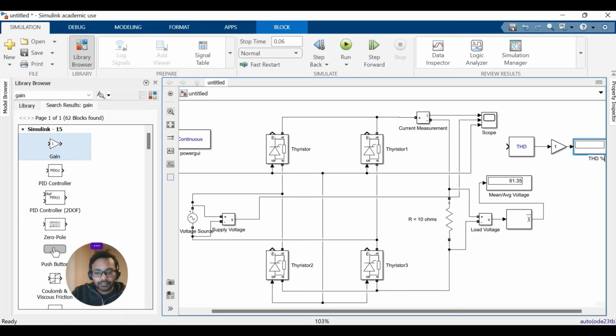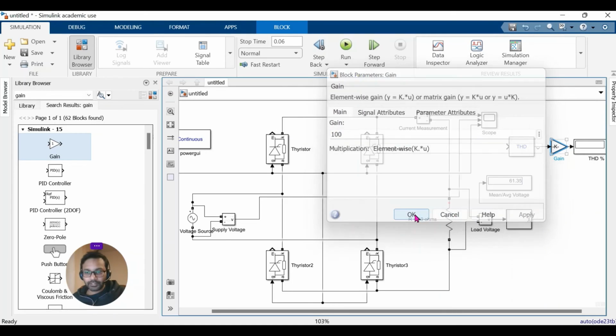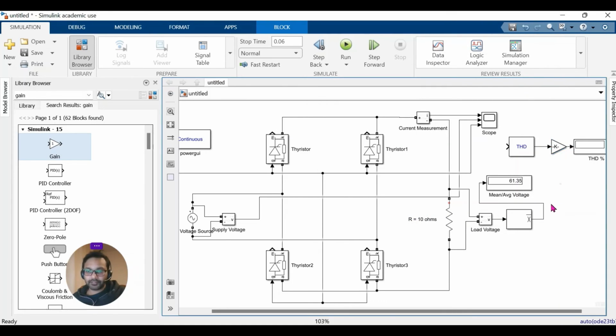Now I just need to check if I have changed. Okay, so you have to change the gain to 100, to calculate the percentage. And where is my current? Current is here. Okay, so I've connected it after the current measurement block.